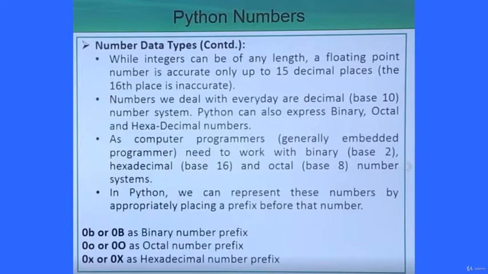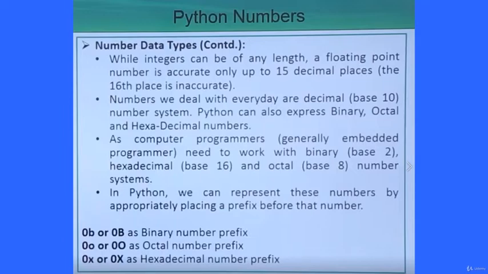Numbers we deal with every day are decimal, that is, the base 10 number system. Python can also express binary, octal and hexadecimal numbers. As computer programmers, generally embedded programmers need to work with binary. The binary number system has base 2, hexadecimal is base 16, and octal is base 8. In Python, we can represent these numbers by placing an appropriate prefix before the number.